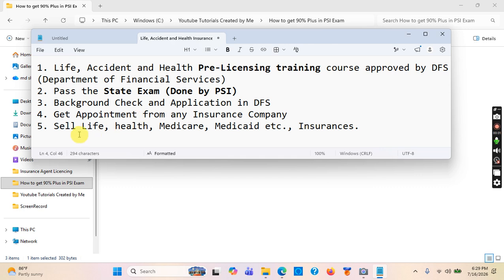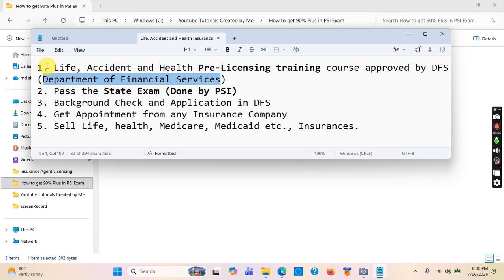To get licensed to sell life, health, Medicare, Medicaid, BOE (business overhead expense) and disability income insurance, there are different types of insurance that require a license from the Department of Financial Services.